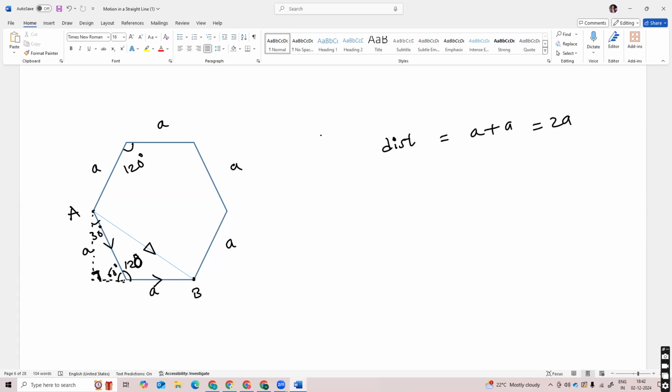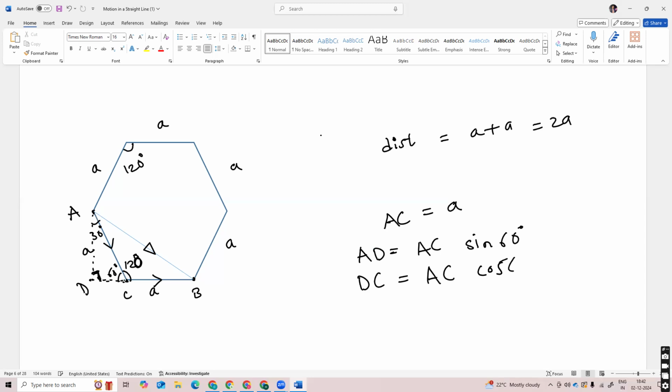we can say that, let's say this point is C. So AC length is equal to A, and let's say this point is D. So AD can be given as AC sine 60, and DC can be given as AC cos 60.